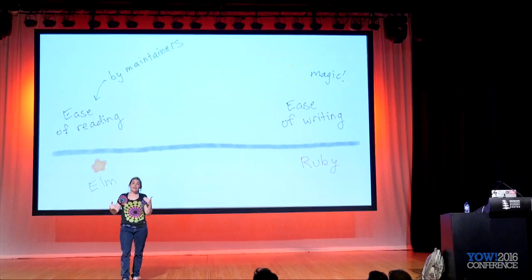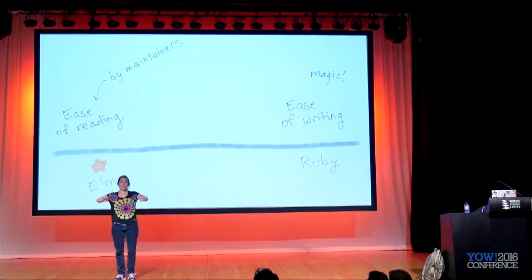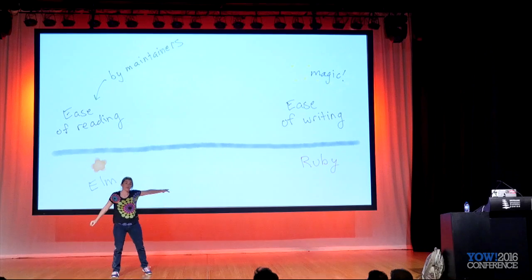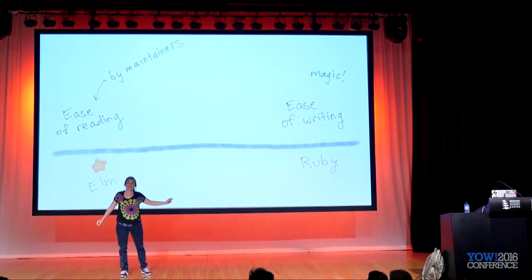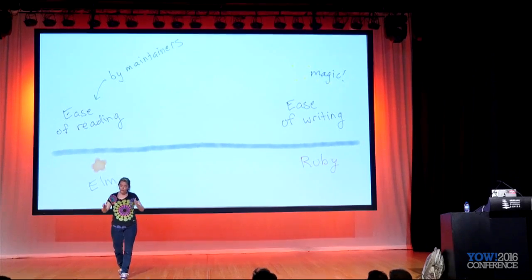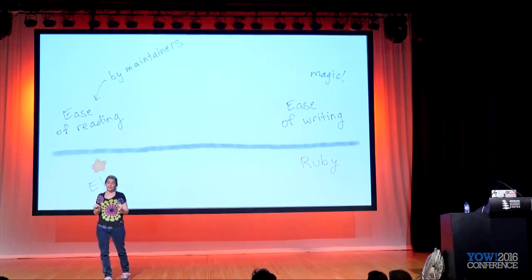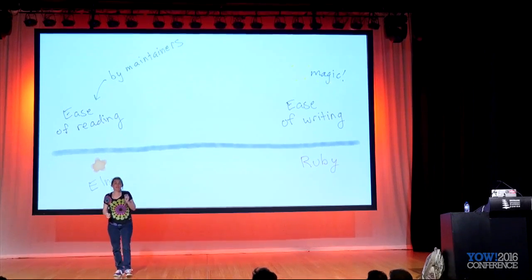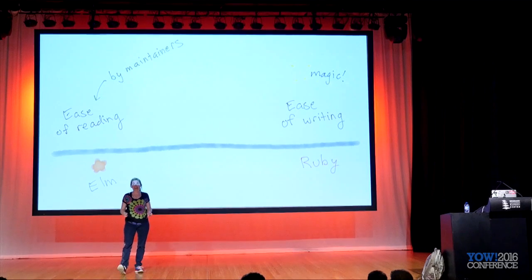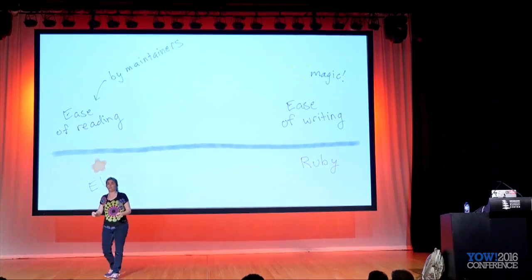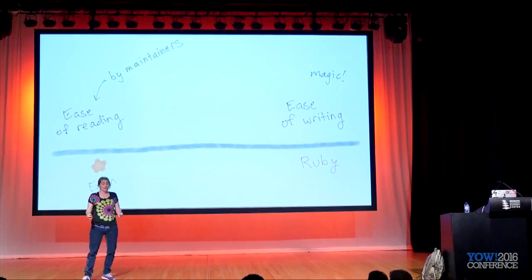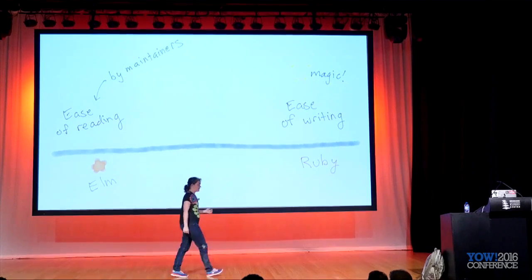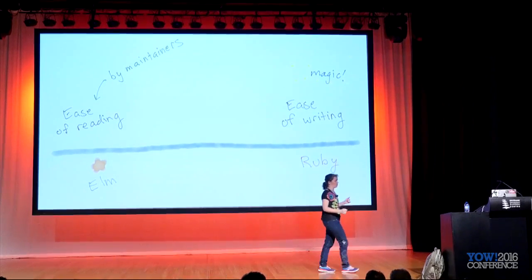I mean me as a programmer who knows Elm, but nothing else. I don't need to know Rails and all its magic. I don't need to know the secret Angular spells. I can look at the code and tell exactly what is happening. So Elm is kind to people writing Elm, and Elm is kind to people maintaining Elm in the future. And I love maintenance, and therefore I like Elm way better than Ruby.